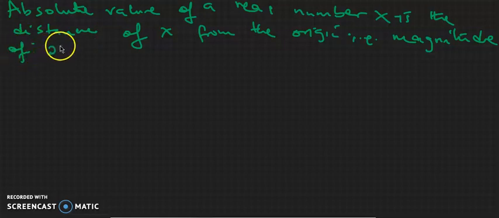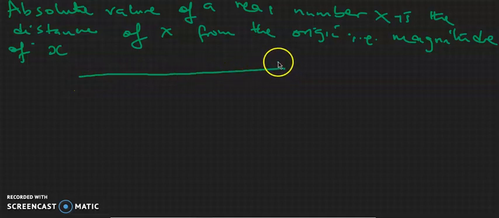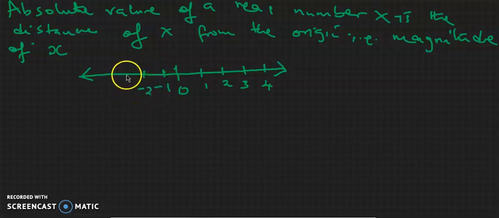So if you are talking of the number line, the real number line that starts from the origin 0, 1, 2, 3, 4 up to positive infinity, and on the other side negative 1, negative 2, negative 3, negative 4 up to negative infinity.